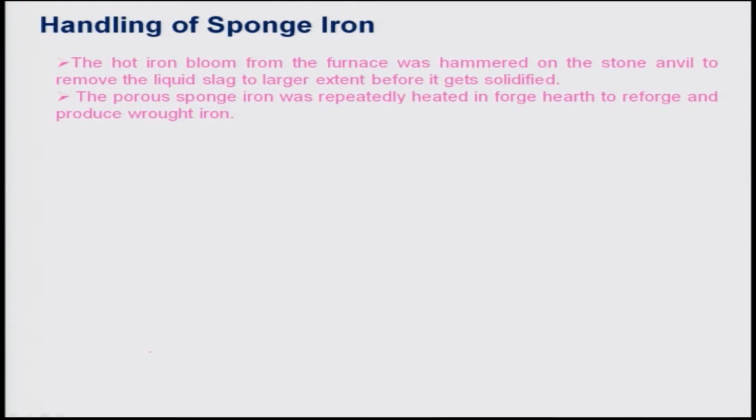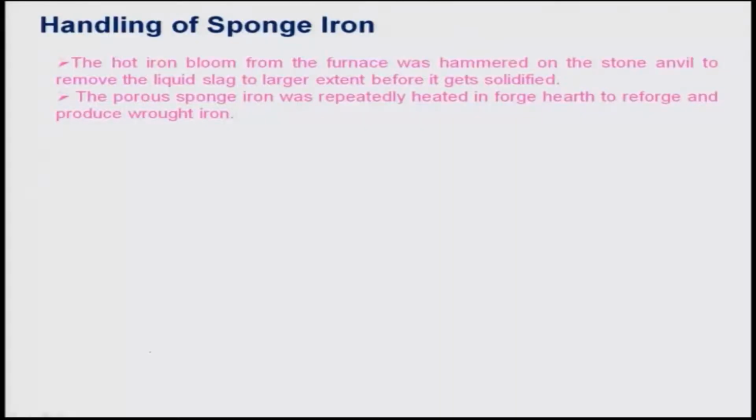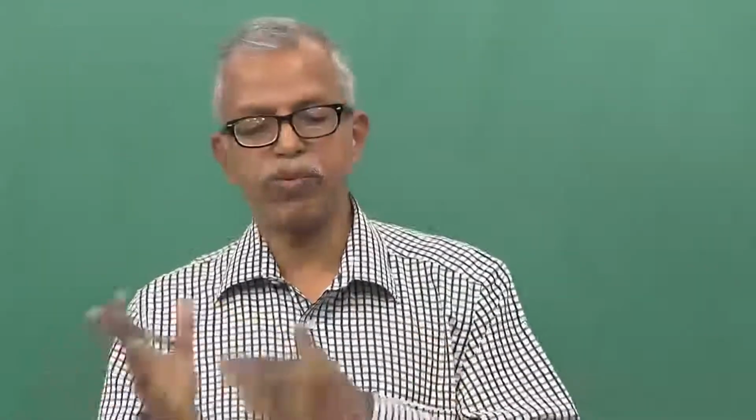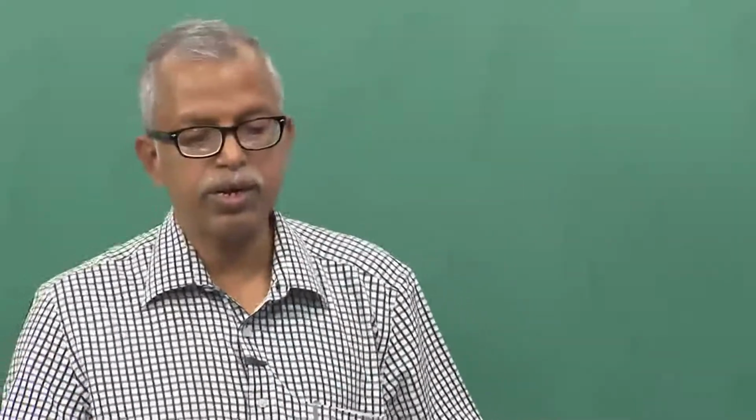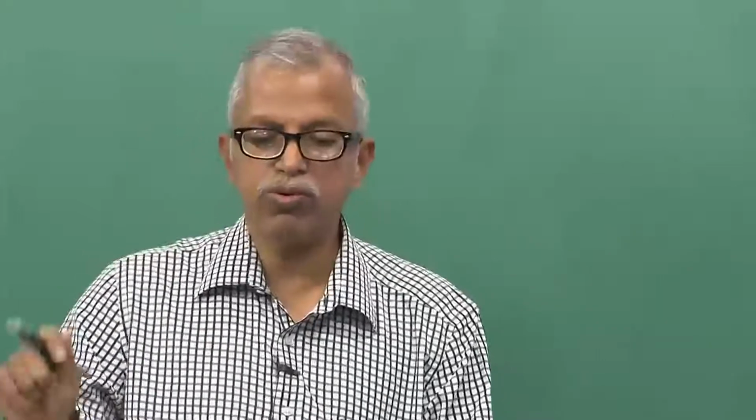That means, once it is removed, it quickly has to be hammered so that the slag can be removed. And porous sponge iron was repeatedly heated in the forge hearth to reforge and produce wrought iron.